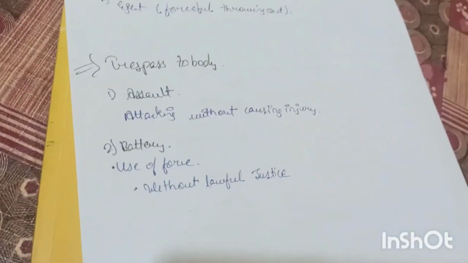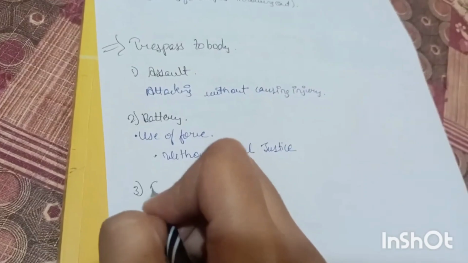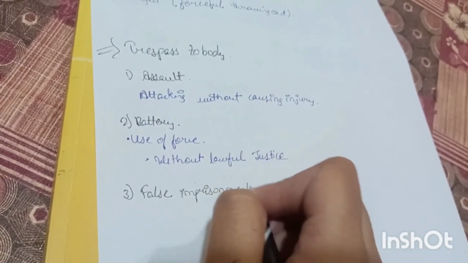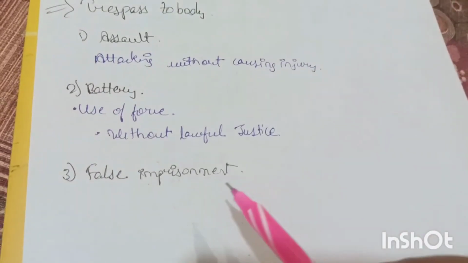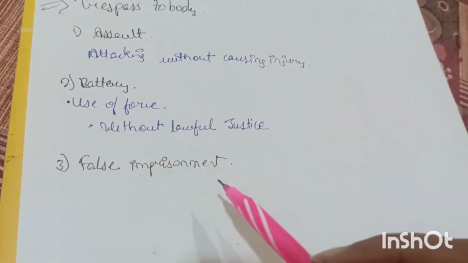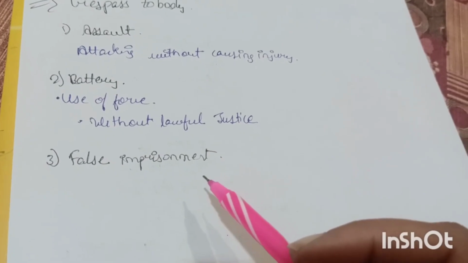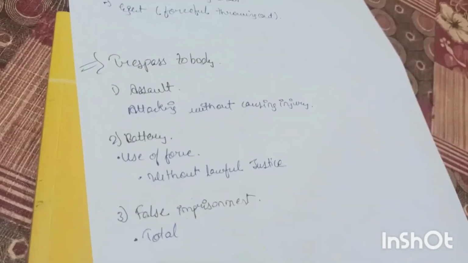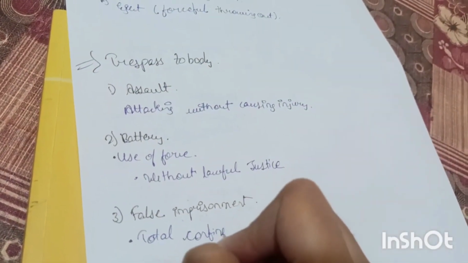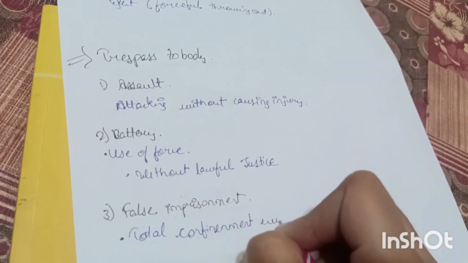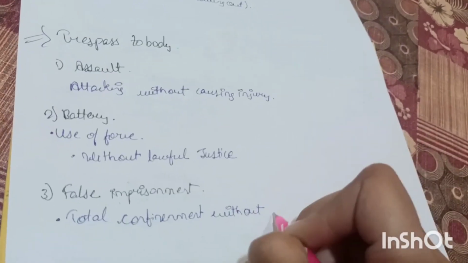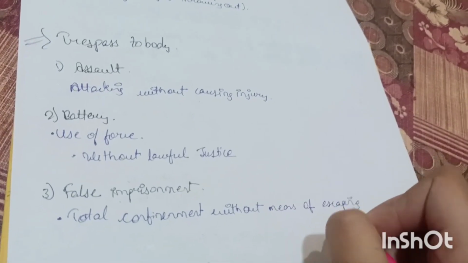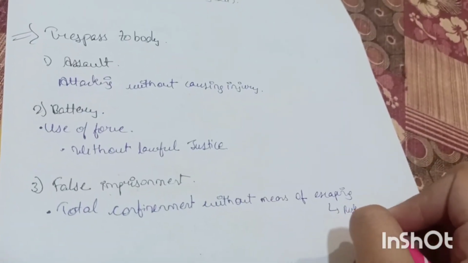The third one is false imprisonment. In this case there is a person who is innocent, but still we have put that person behind the bars. So you can write, total confinement without means of escaping, and there is risk of life.